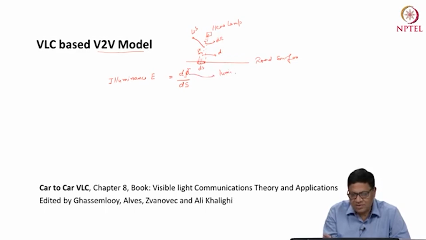These things we have discussed during the initial part of the course, where luminance, luminous flux, candela, everything was defined. And ds is the area of the road surface.